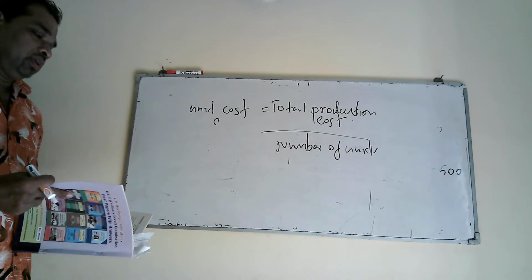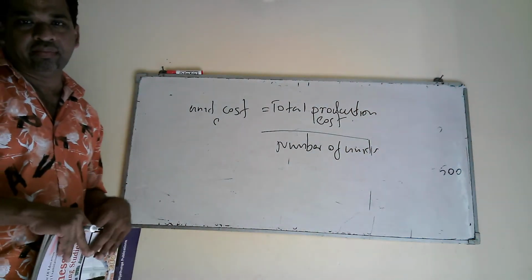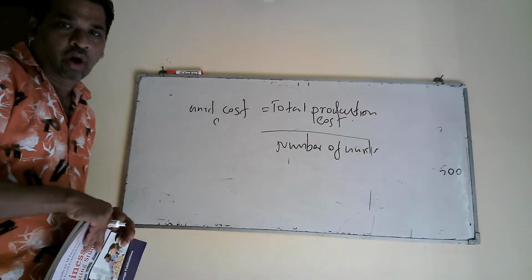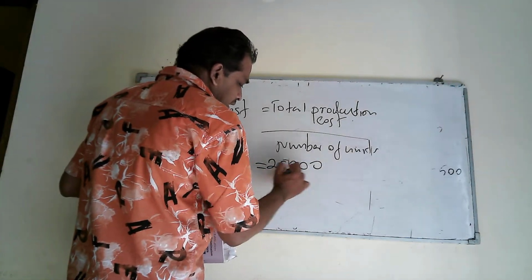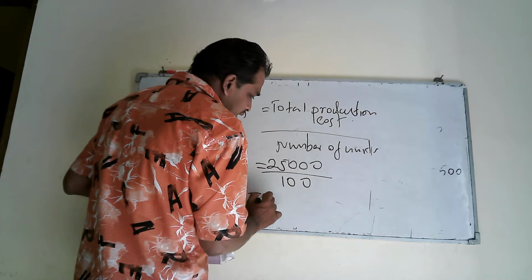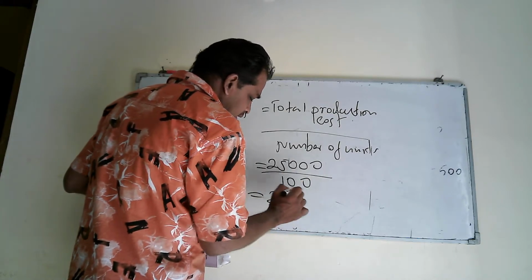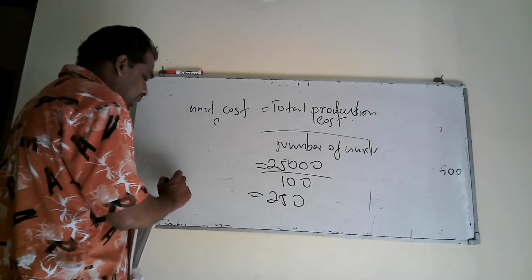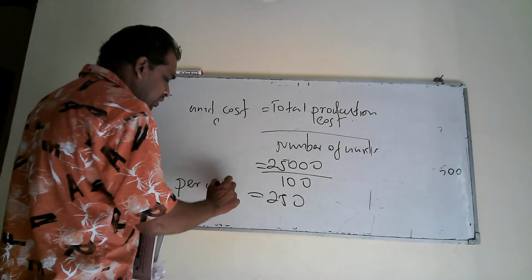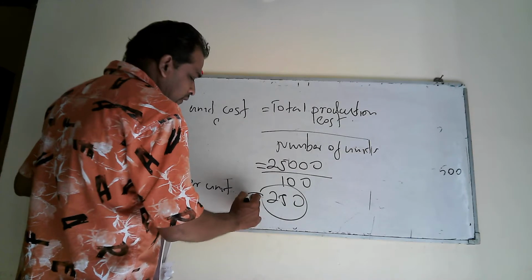Now, if there are any students who couldn't understand the beginning part, then we can just focus on that. Here, total production cost 25,000. Number of units produced 100. Then we can just take 250. 250 is the unit cost per unit. Here, per unit 250 rupees.